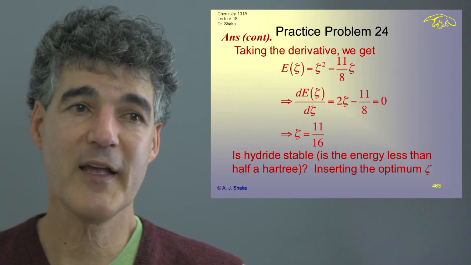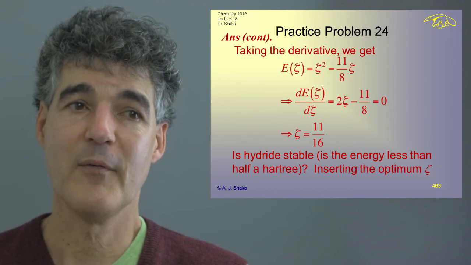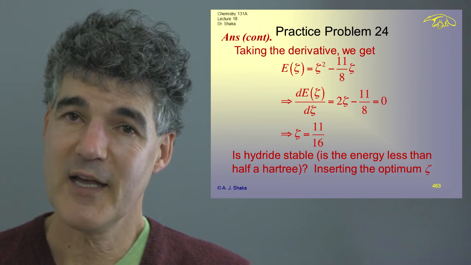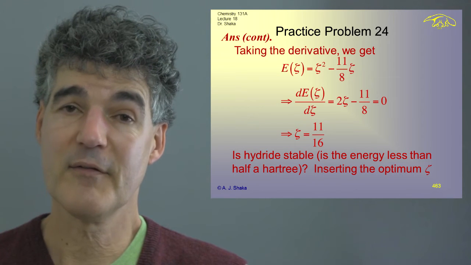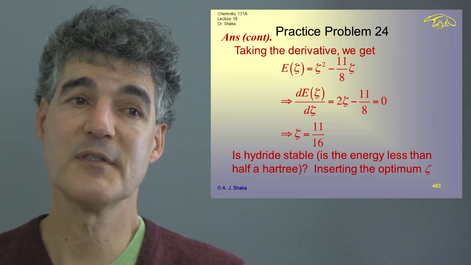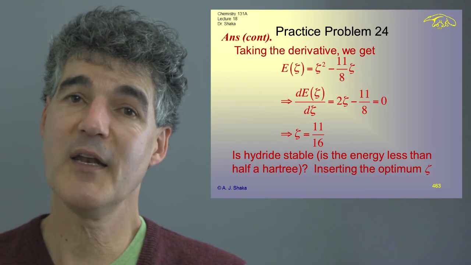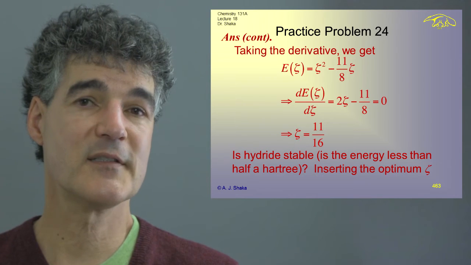And therefore, we take the derivative of that function, and we have zeta squared minus 11/8 zeta. If we take the derivative, we get 2 zeta minus 11/8. And if we set that equal to 0, then zeta should be 11/16. Now again, we say, does that make sense?